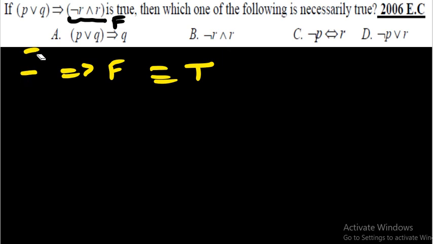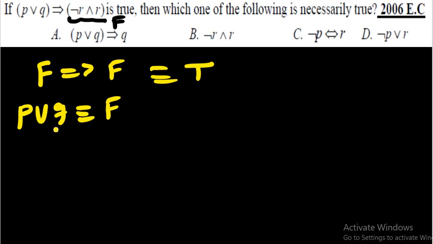Otherwise, if I take the premise part true, true implies false will be false, but it's given as true. Therefore we have to consider the premise part here false. Which one? P or Q? It is false. So in case of OR, false means each of them must be false. So P false, Q also false, and R we don't know about R.